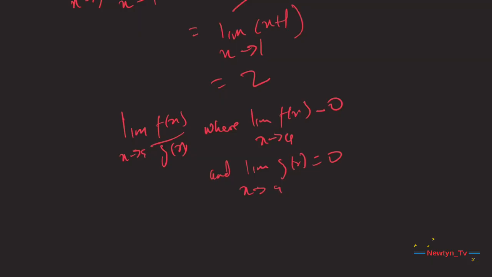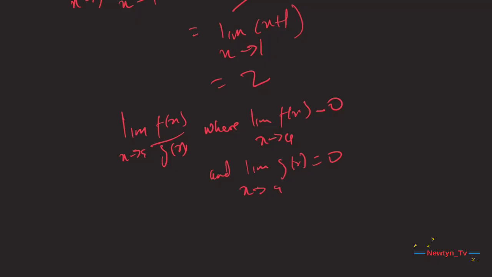So in this case, we say that f of x over g of x has the indeterminate form of 0 over 0. Okay, so the following problems that we are going to solve will show you.